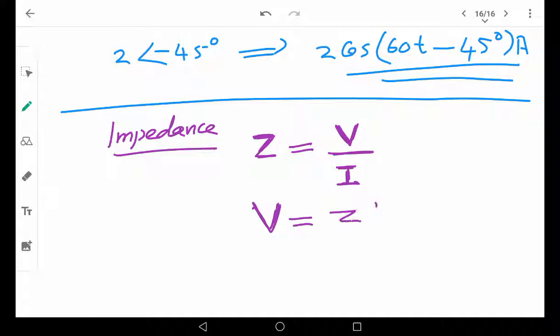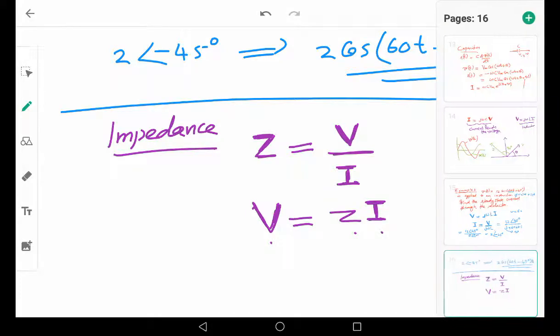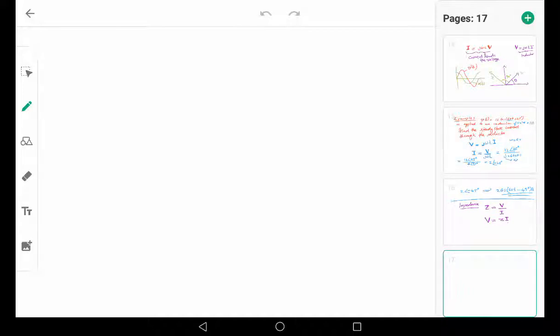You can write the phasor V equal to Z times the phasor I, right?